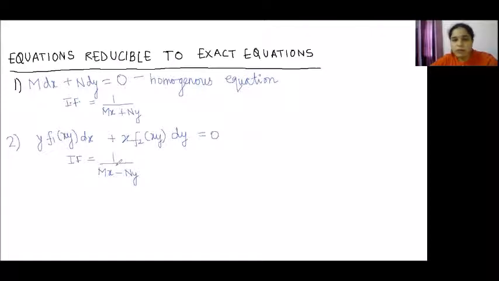Now suppose we have a differential equation which doesn't satisfy these two things: it is neither homogeneous nor of this form. Then how can we find the integrating factor? So we are moving to the next rule, the third one.